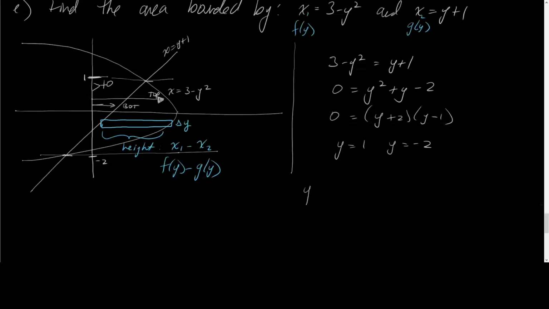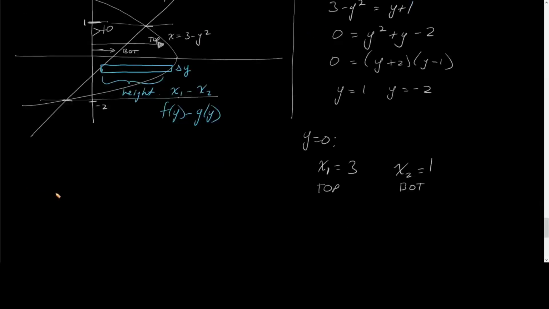So what happens when y equals 0? Well, x sub 1, this first one, I end up with 3. X sub 2, the second one, I end up with 1. So this is the top function and this is the bottom function, which made sense already, right? Because we had that from the graph. But now we know algebraically how to figure it out.